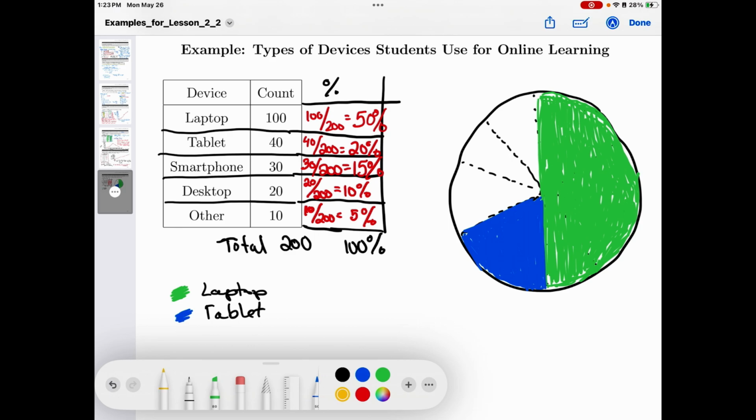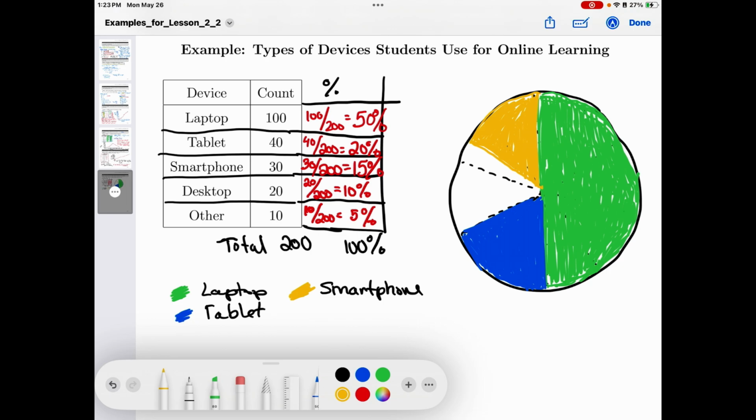All right, next, let's do smartphone is 15%. 15% means we're going to have 1 slice plus half another slice because each slice is approximately 10%. So this here, I'll make this our smartphone of 15%.